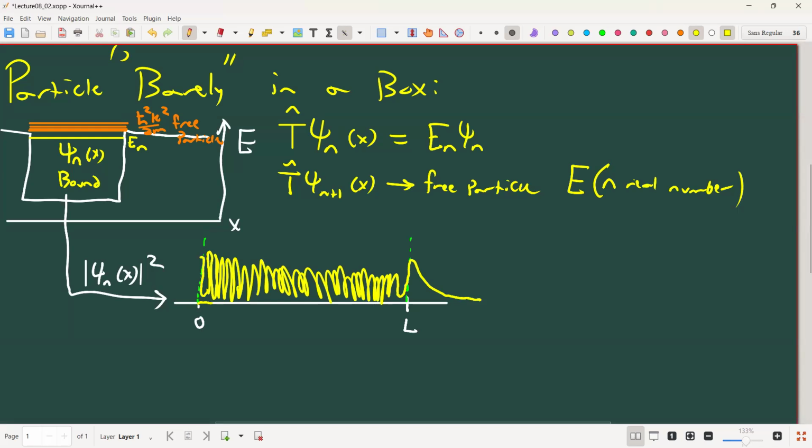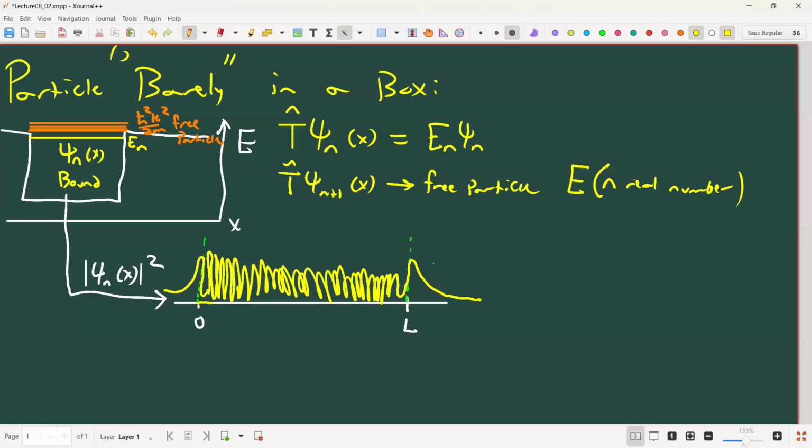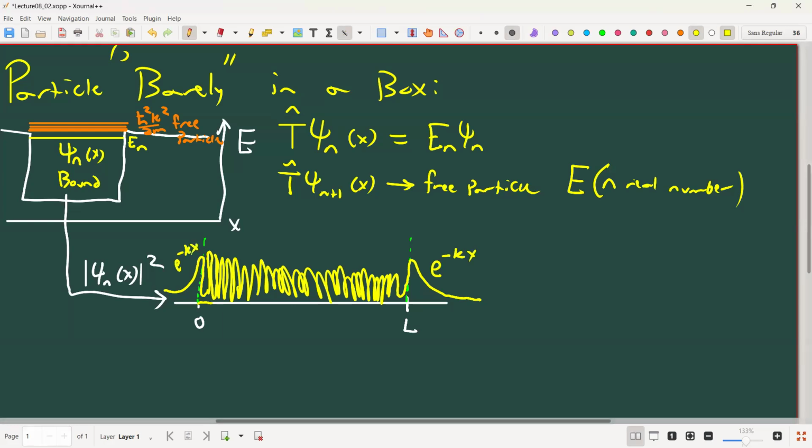All right, let's just go back and look at that one more time. But at the edges, on the last crest, if you will, which is right at the edge of the box, there's now this exponential tail outside of the box. Right, so we have this like e to the minus kx dependence here, or e to the kx rather, dependence that rolls off here, right?